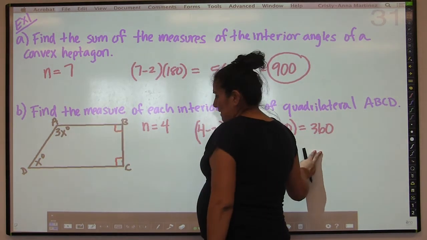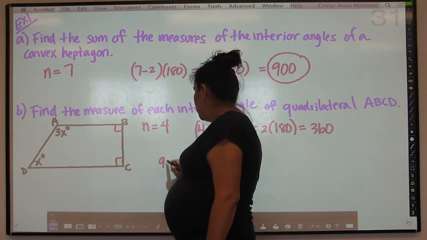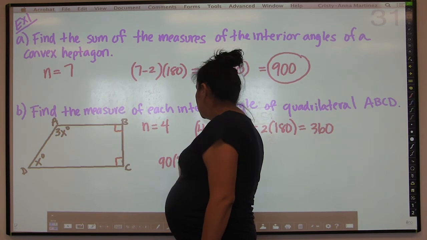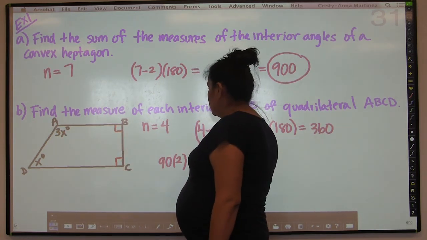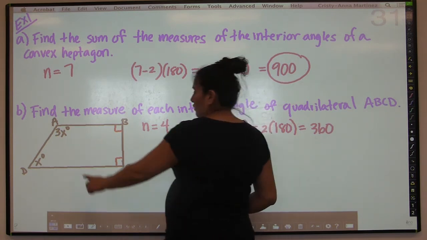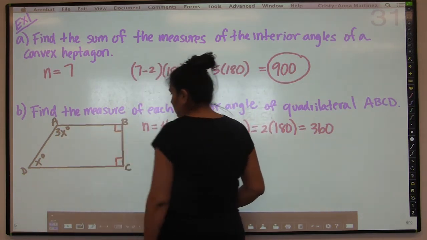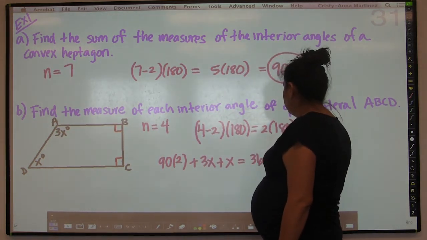So I know that all of the angles inside of ABCD are going to add up to 360. Now I can do a little algebra and say 90 times 2, because there are two 90-degree angles, plus 3x plus x, so I'm going to get the 3x from angle A and the x from angle D. All of that should equal 360.